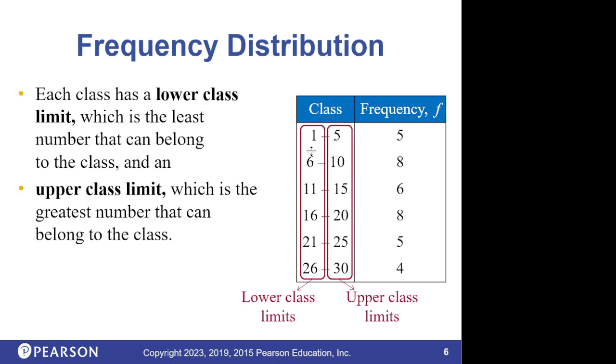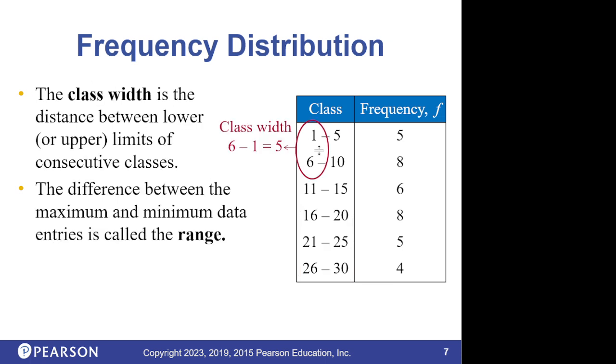So the lower number, the left-hand number, is going to be called the lower class limit, and the right-hand number is the upper class limit, because 1 is the smallest value that can fit in this bin, and 5 is the largest value that can fit in this bin. And then the distance between each bin is called the class width.